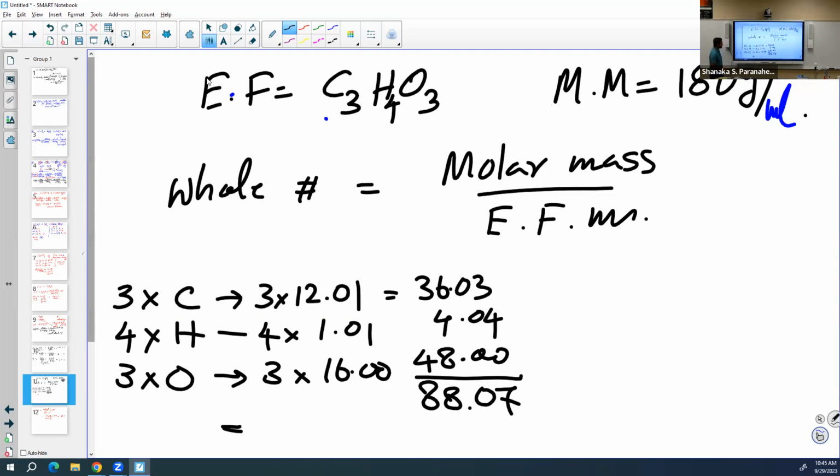Okay, so that's the empirical formula mass. So we have our molar mass given in the question, 180, divided by 88. Is it 88 or 89? 88, I guess.